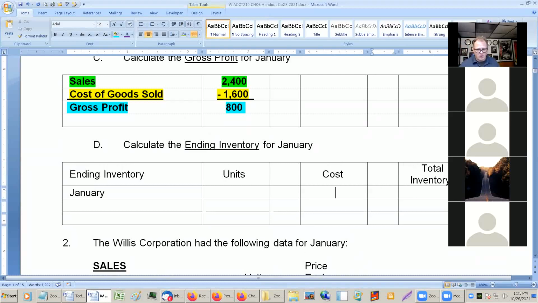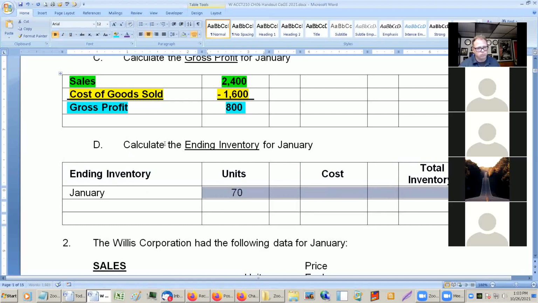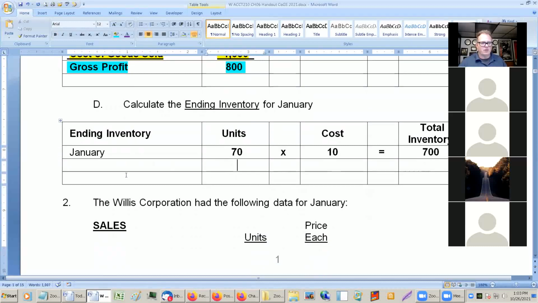Okay, so we had 70 units that were not sold. And the cost of them was what? What did we pay for those units? $10. Yep. $700. So this would be what would be left in our ending inventory.